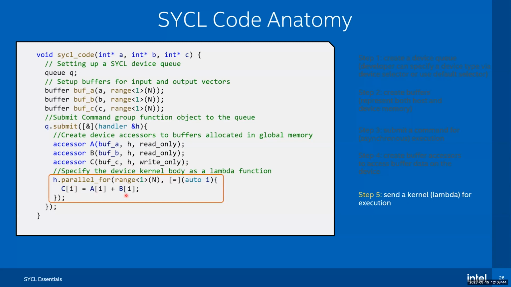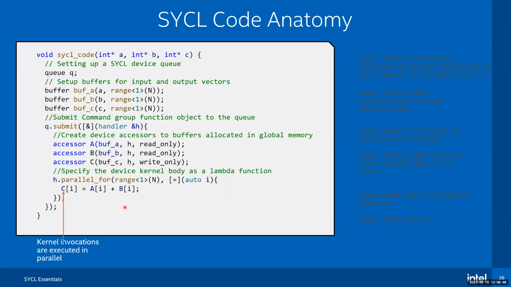This will submit the kernel, and for each kernel invocation, each one of the n elements is invoked and executed in parallel. The i is the index that will go through the entire range.